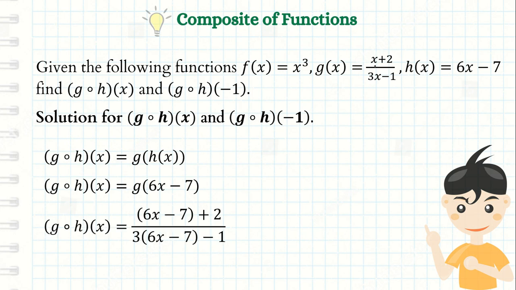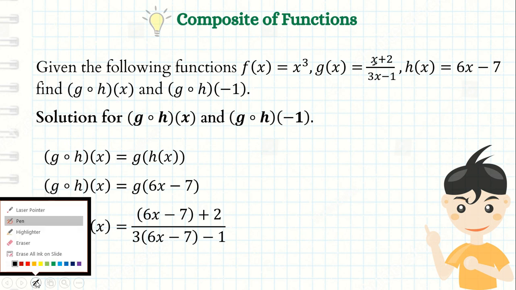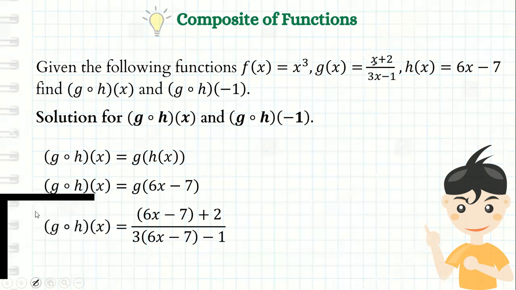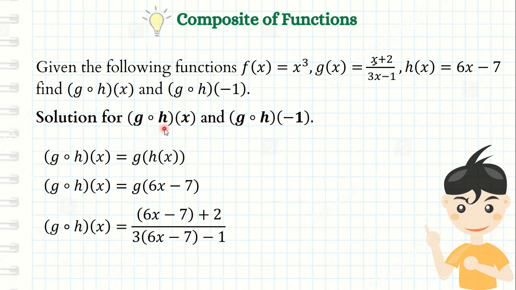So pag pinalitan natin, si x po dito sa taas, magiging 6x minus 7 na po siya. And then yung x po nakatabi po ni 3, magiging 6x minus 7 na rin po siya. So pinalitan lang po natin lahat po ng x na makikita po natin on g of x.